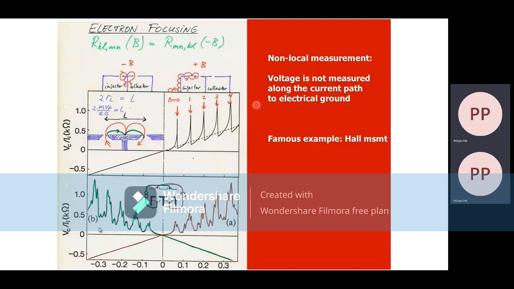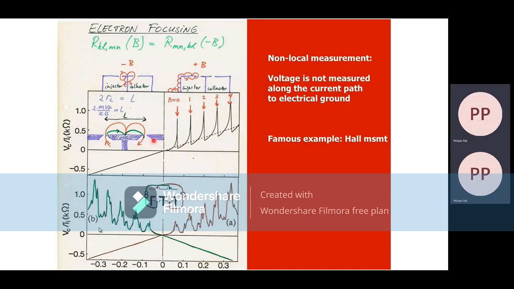Another thing that you might notice in this data is that the peaks are not perfect. There is some structure. There are multiple peaks that you can see here, corresponding to each large peak. That could be because the transport in the sample is not perfectly ballistic, but there was some residual scattering, creating a couple of different trajectories, creating the structure in the peaks.